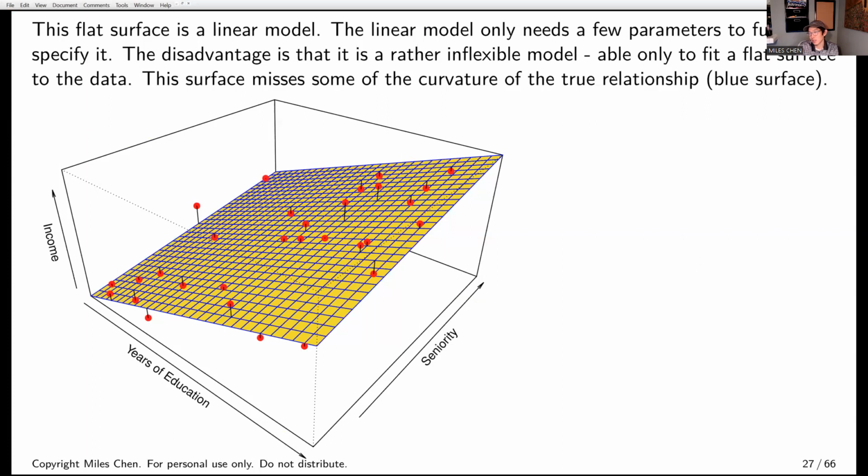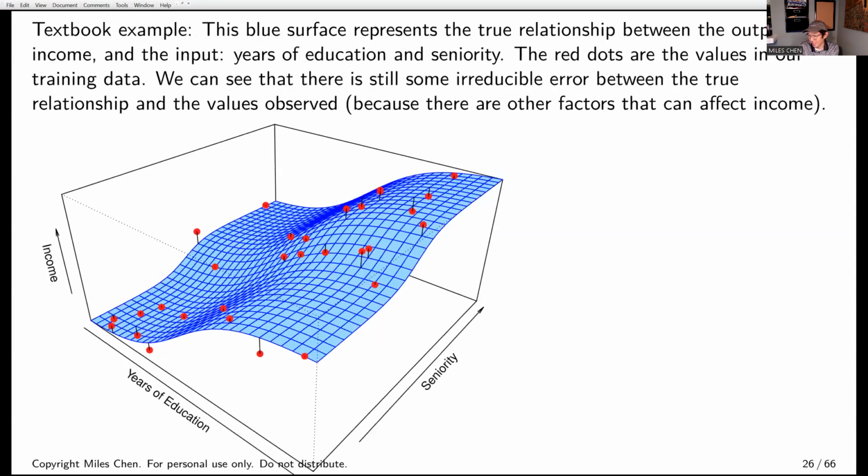We know it's not perfect, but overall that's going to maybe get you a decent guess. And that's a lot easier than to say, okay, the true relationship is that as years of education goes up, plug it into this cubic function or something like that to figure it out, right?